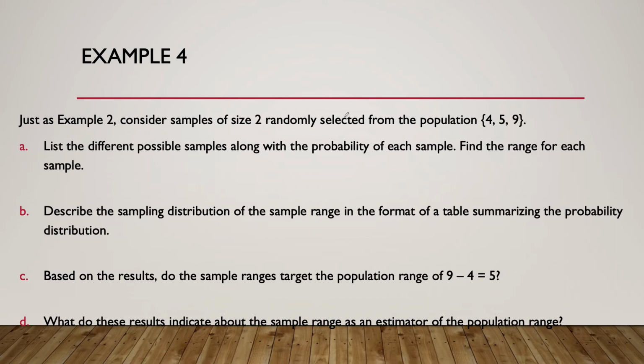Just as an example 2, we want to consider samples of size 2, randomly selected from the population of 4, 5, and 9. We want to list the different possible samples along with the probability of each sample and find the range. So if you remember from that table, we had 4, 4; 4, 5; 4, 9; 5, 4; 5, 5; 5, 9; 9, 4; 9, 5; and 9, 9.